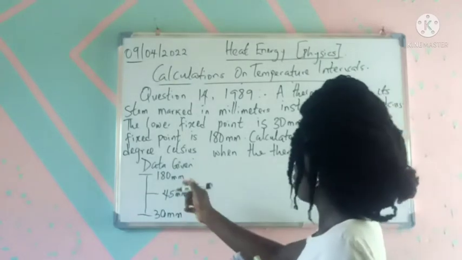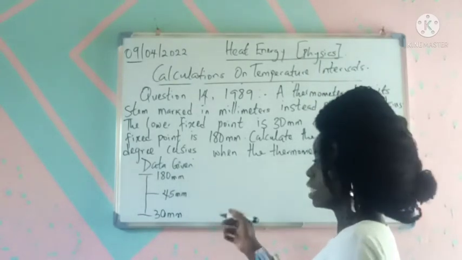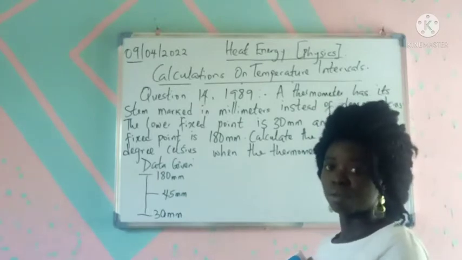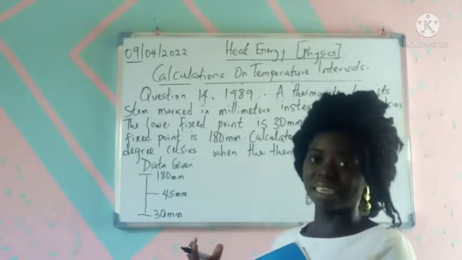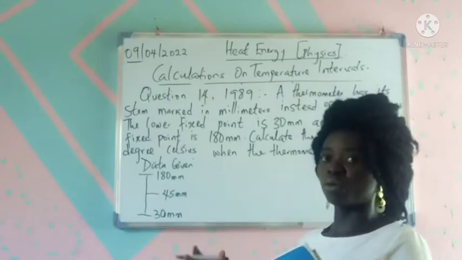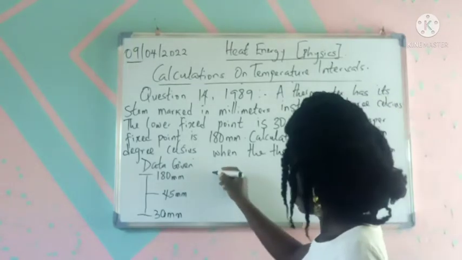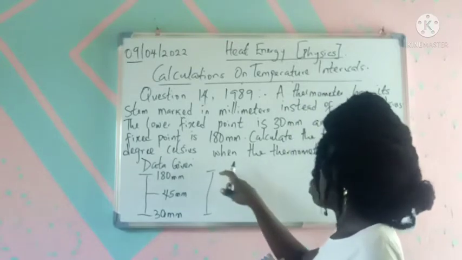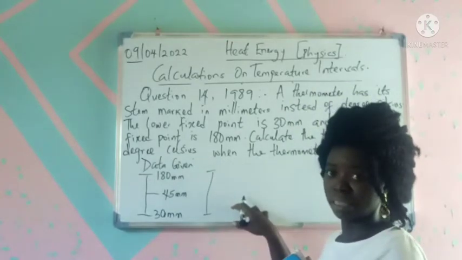So having done this, having brought out your data, what you do next is to write the corresponding values that you are expected to get in degrees Celsius. So you also bring out another scale like this, where you have your upper limit and you have your lower limit.